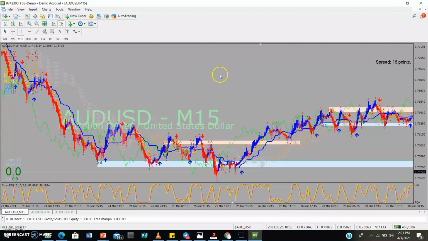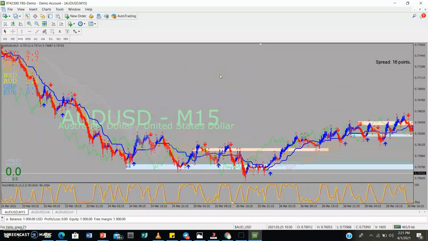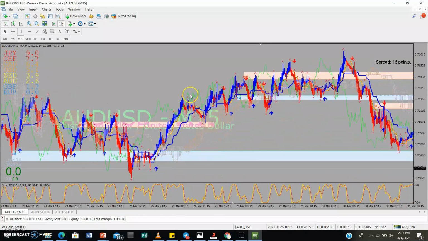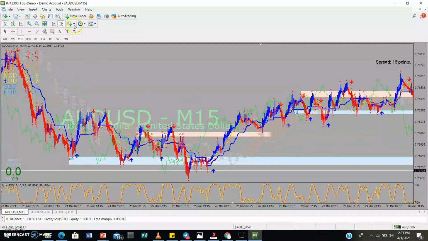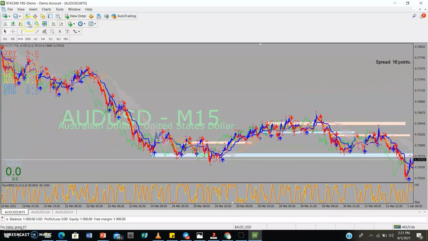You basically have to follow the indications from the indicator, right? You'd want to buy when it pops up a blue arrow, and you'd want to sell when it pops up a red arrow. But there are some rules that you have to follow within this indicator setup.